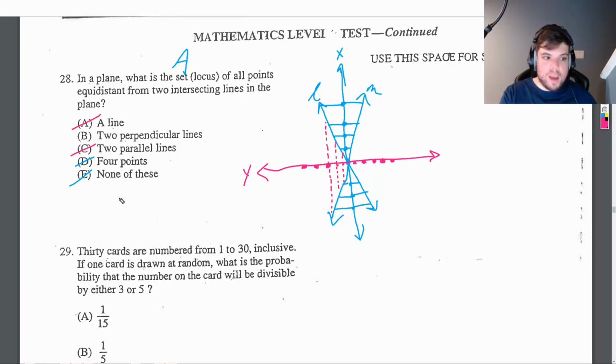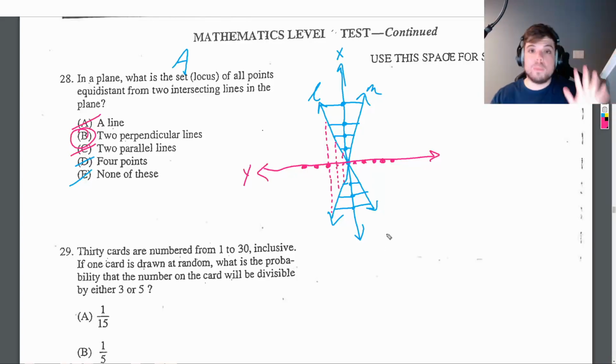These lines are definitely not parallel. So I would say, without proving it right now, a picture is not a proof. A drawing is not a proof. So without proving it, B is the only leftover answer choice. But these lines would be perpendicular. Can we see that? Well, yeah. Is it easy?